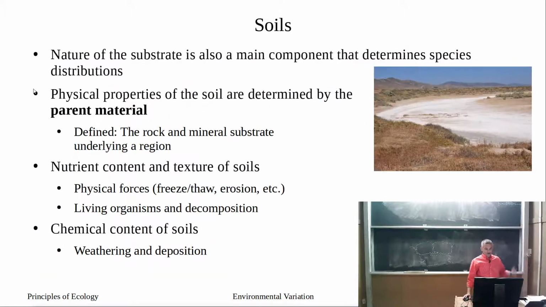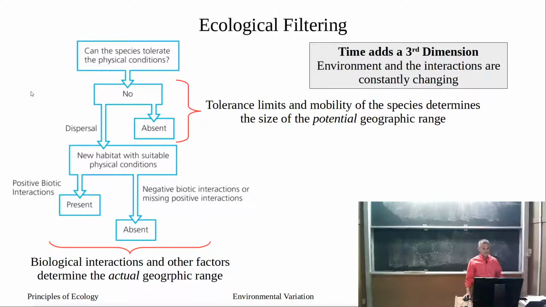All right, so climate and substrate. That's ultimately going to be what determines our species ranges. But there's a difference between what we would consider a potential range and an actual range. The potential ranges are going to be determined by the physical conditions, by the abiotic environments.